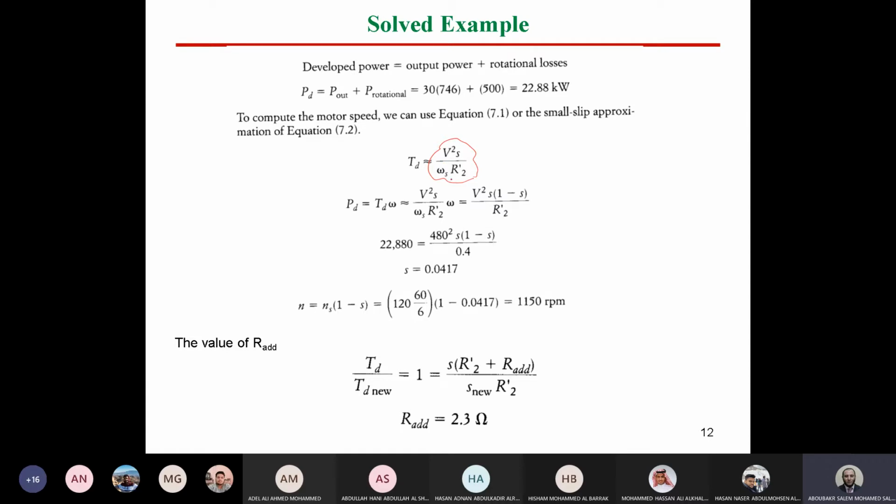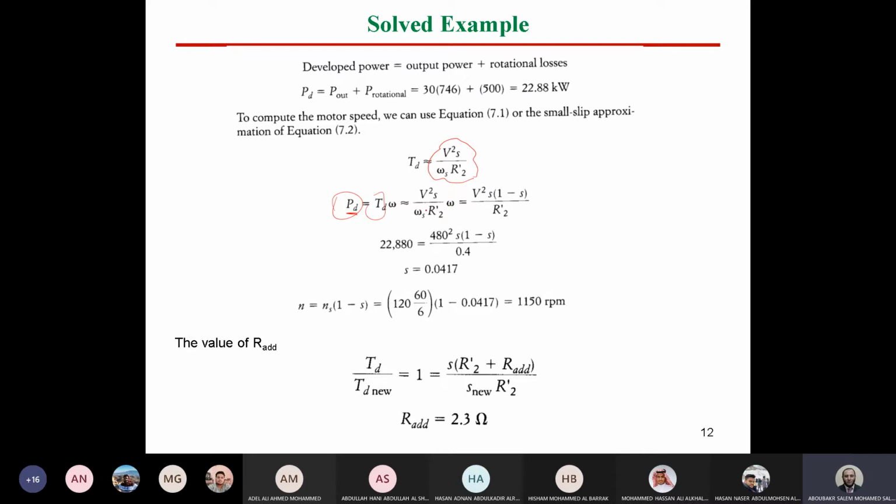So from now, Shabab, if we need to calculate slip at a certain value of power, we can say torque developed multiplied by omega equals P developed. We have power, and we have the relation of torque. So it is approximately equal to V square S over omega S R2 prime, multiplied by omega.